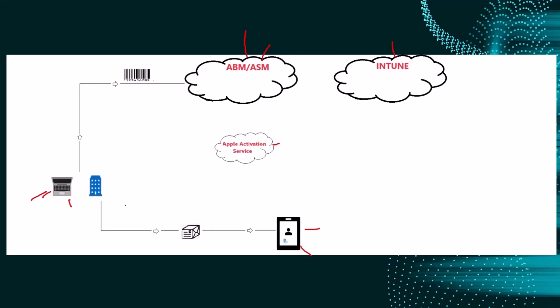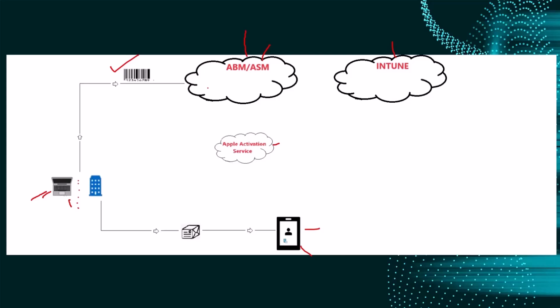So let's say that I'm the admin and I'm placing an order for 1000 devices. So I will have the serial number for those 1000 devices, right? So this is the serial number. Over here you can see that the admin is sending the serial number of all those 1000 devices to his ABM or ASM instance.